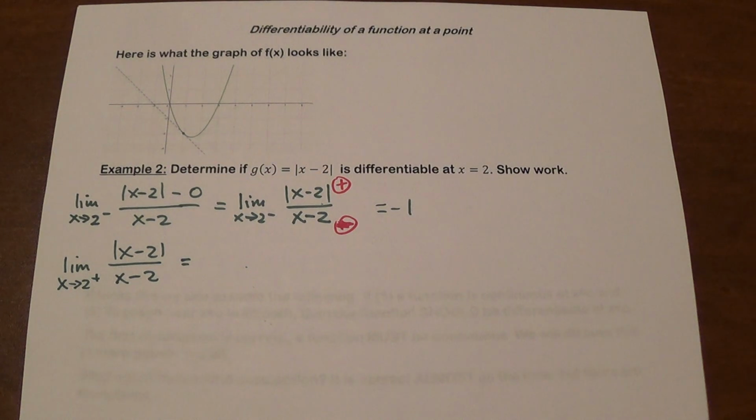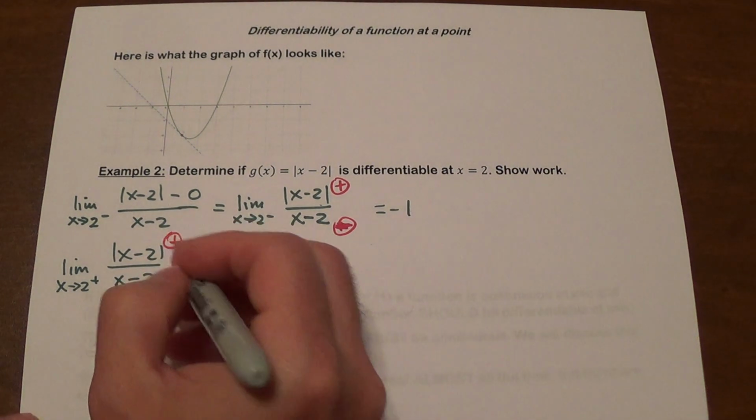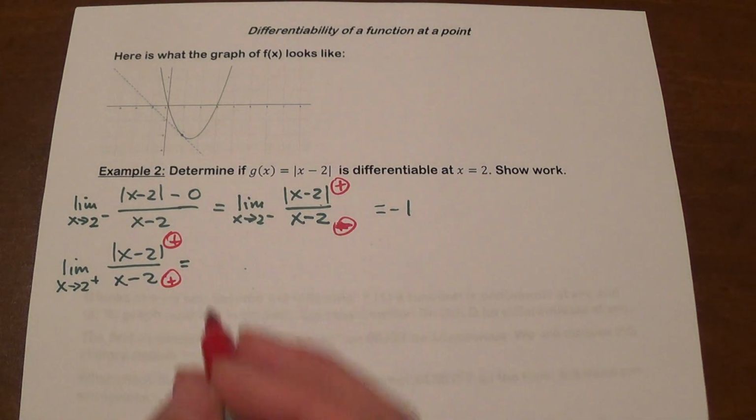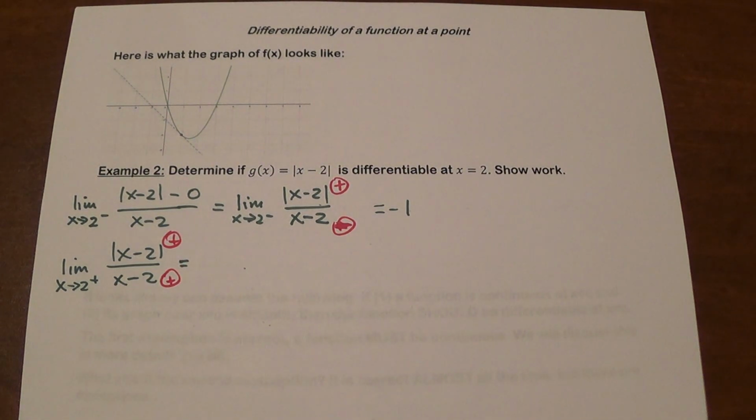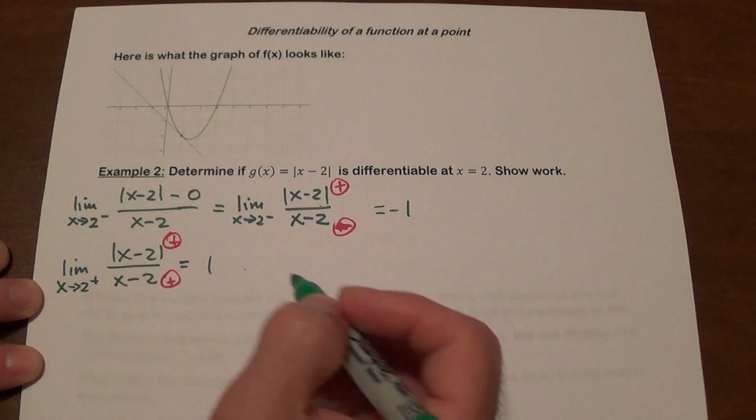So this is positive over positive, right? Same expression, same value. Basically what we're saying is, as long as we're staying on the right side of 2, we are going to be getting the same exact number on top and the bottom, and they're both going to be positive. And here the answer is 1.